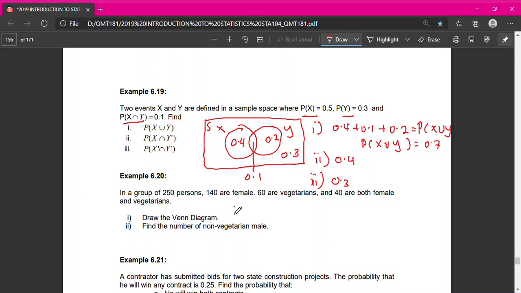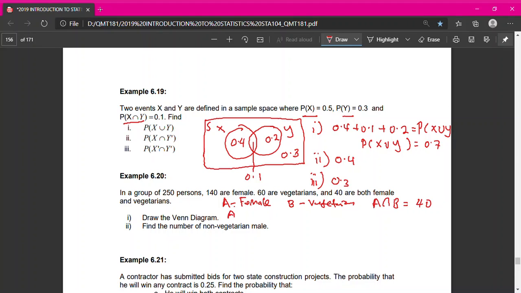Okay. So let's say kita buat event A adalah female. Okay, event B adalah vegetarian. Okay, 40 are both female and vegetarian. So A intersect B adalah 40.